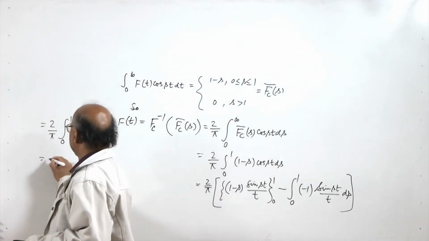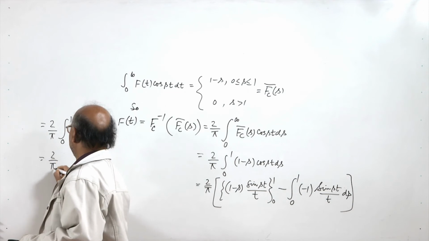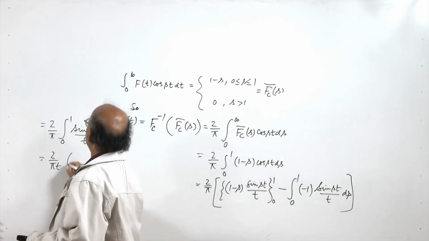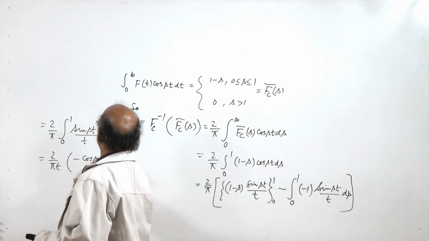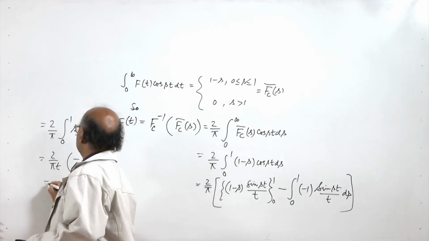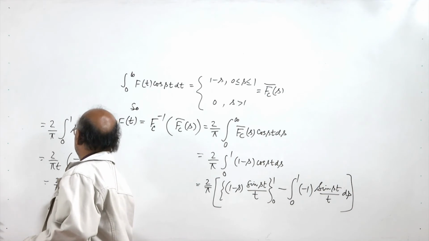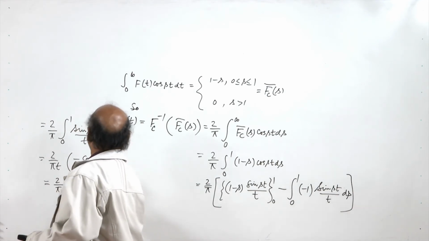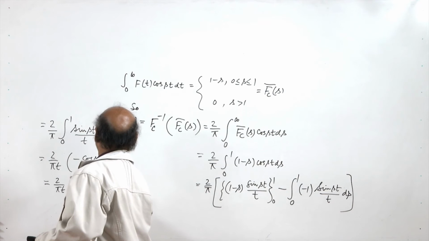Now we can integrate it again, so 2 over pi t we can take out, and then we have minus cos st over t. So this is nothing but 2 over pi t, and then this is 1 minus cos t over t.